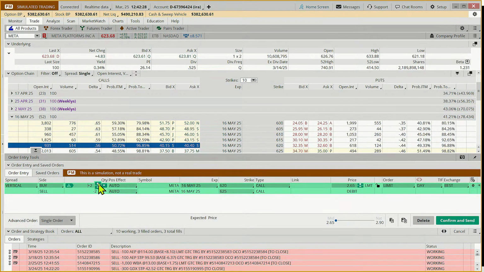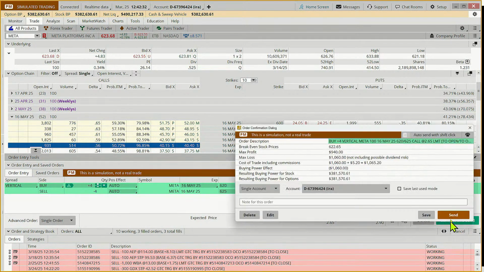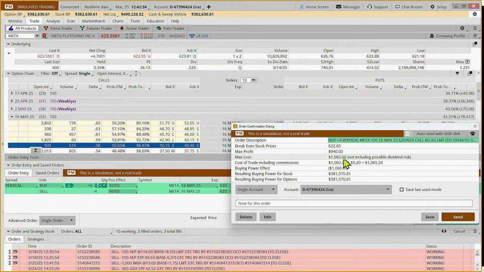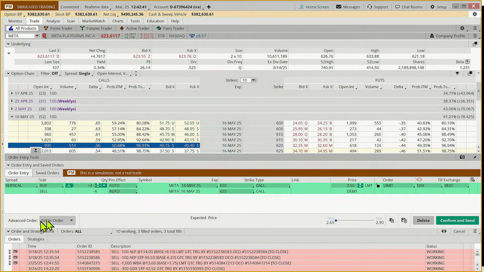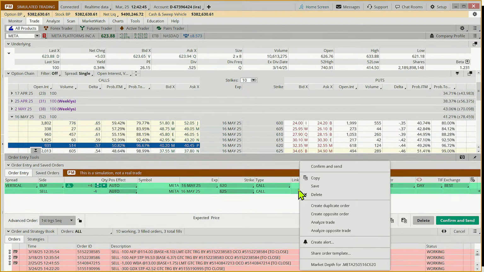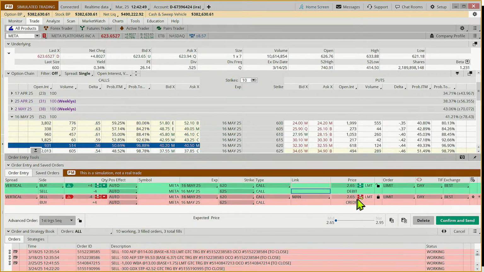And so we're going to do 4 of these, and how much are we risking? Just over $1,000. We're risking $1,060, which in this account we could risk double that, but we're going to do 4 contracts, single order, first trigger sequence, and our goal will be to exit when we've got a 50% gain.